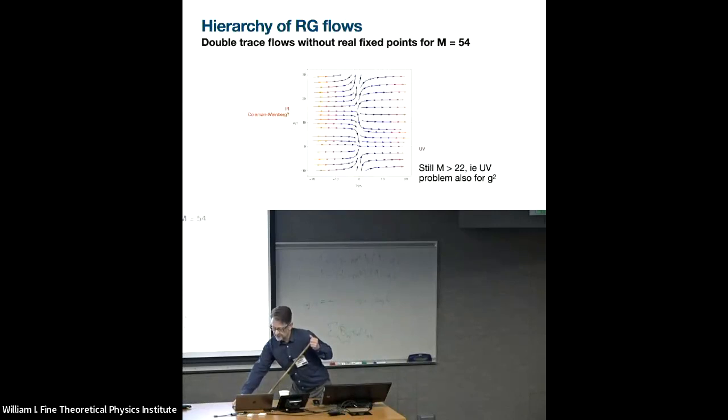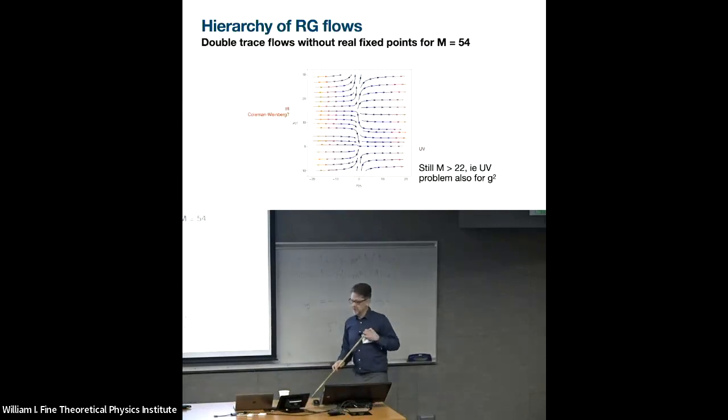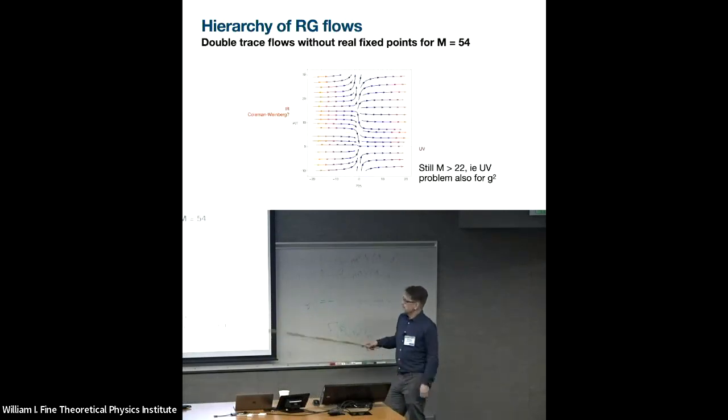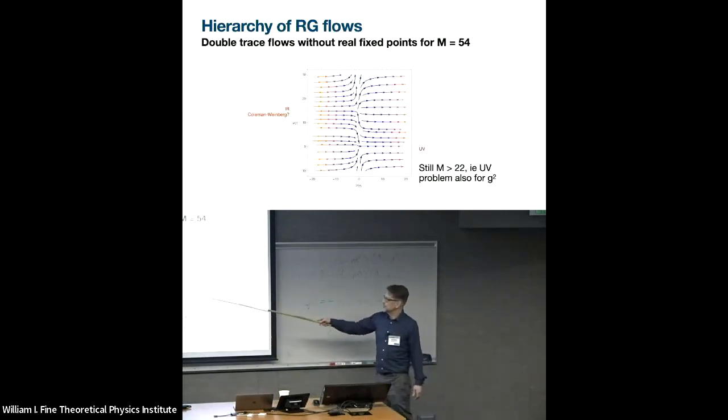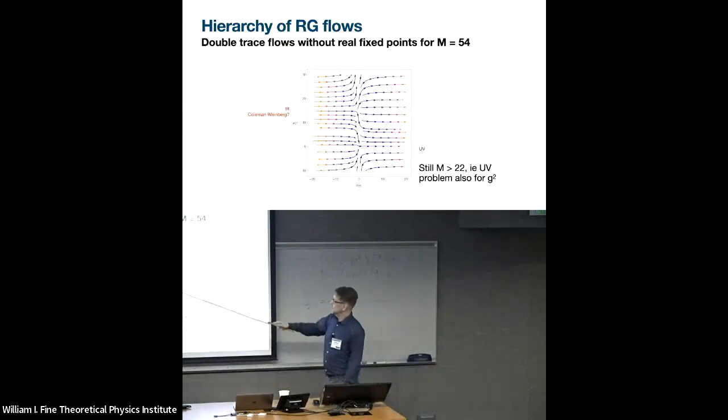This is the example of what happens when you don't have a fixed point. You have flows like this that go, if you start, this is towards the UV and this is the IR.